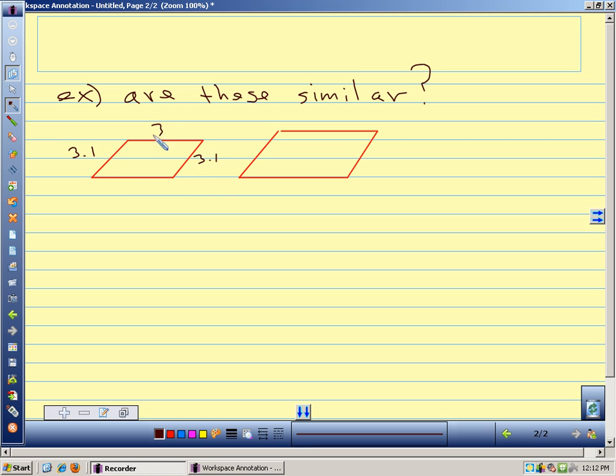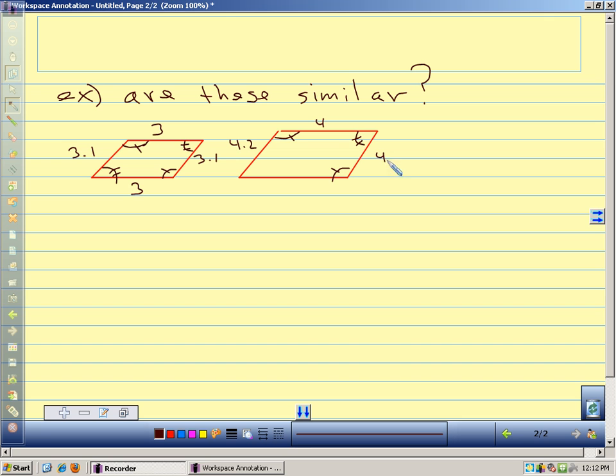This side is 3. This angle is congruent to this angle. These two angles are congruent. And the lengths of these sides are 4.2, 4, 4.2, and 4. So we want to know if these two parallelograms are similar. So we need to figure out two things. Are corresponding angles congruent?